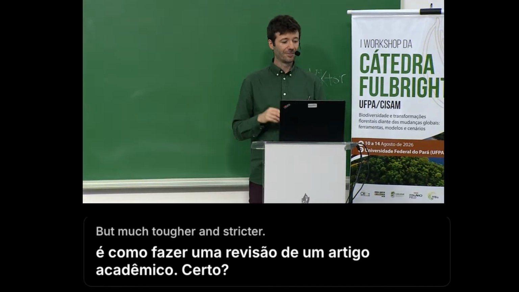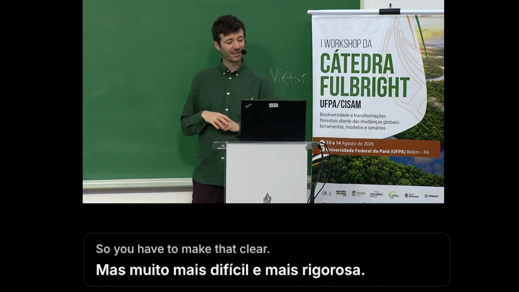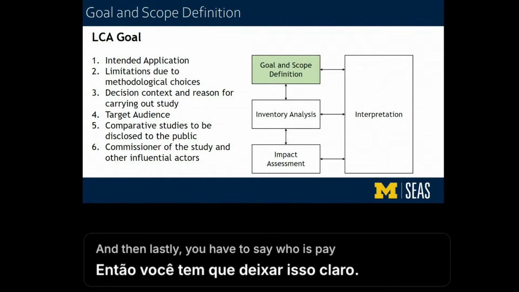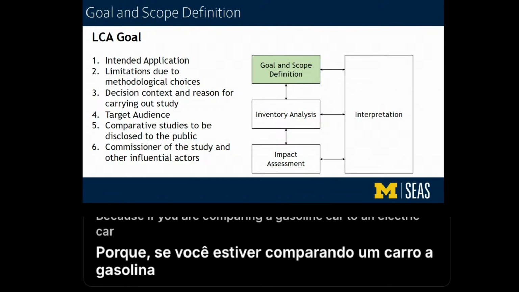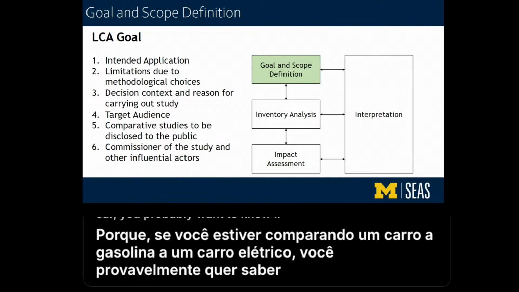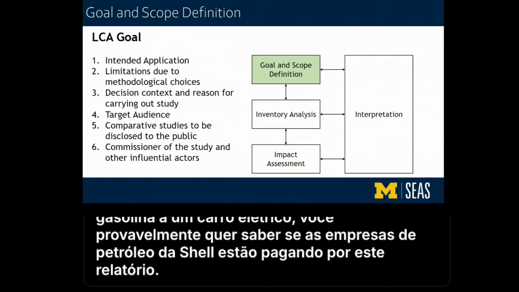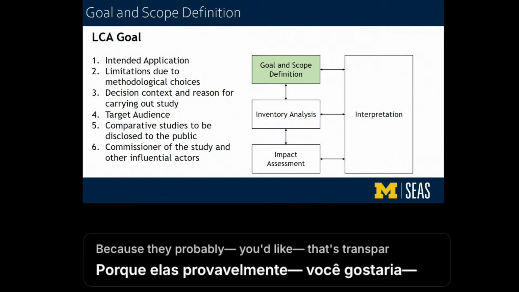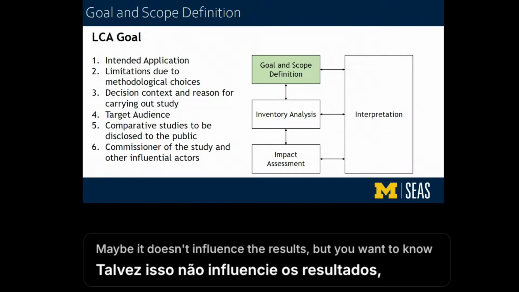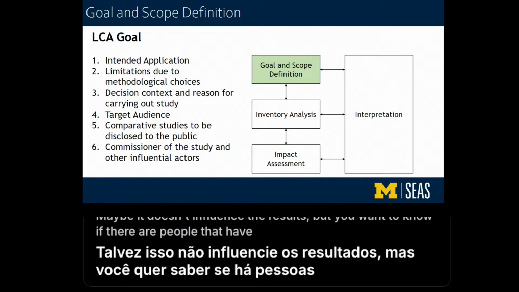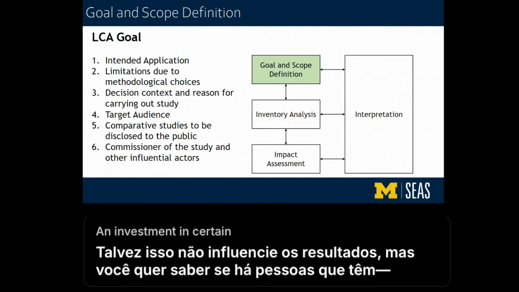So you have to make that clear. And then lastly, you have to say who is paying for the study. Because if you are comparing a gasoline car to an electric car, you probably want to know if Shell oil company is paying for this report. That's transparency. Maybe it doesn't influence the results, but you want to know if there are people that have an investment in certain outcomes and decisions, right?